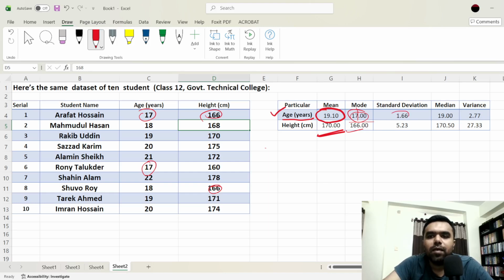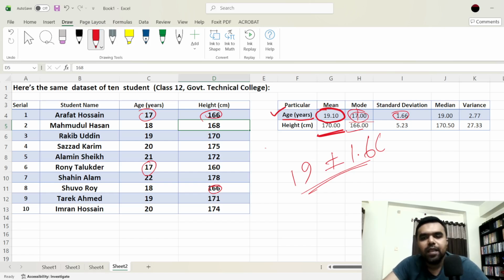Now we can understand that the value of the mean is 19 plus minus 1.66. From this value we can get the values for age of the students. It is very near, approximate to the mean, to the average value.